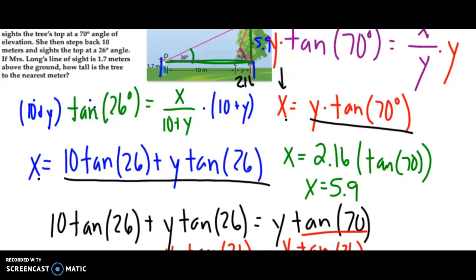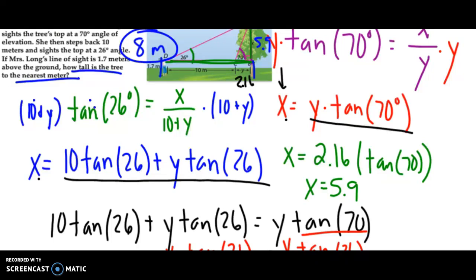So I can say 5.9 plus the 1.7 height that Mrs. Long is, is about 7.6 meters. So the height of the tree, how tall is the tree to the nearest meter? 7.6 rounded would be a total of 8 meters.